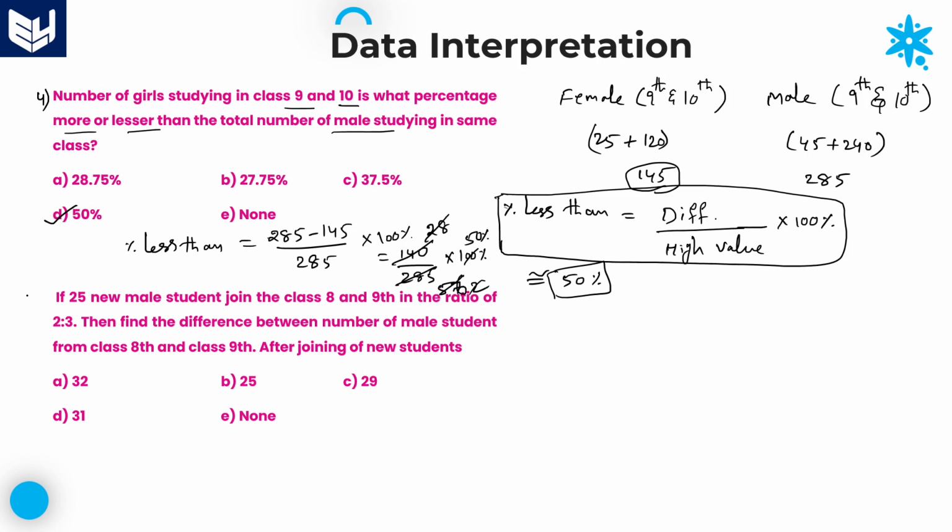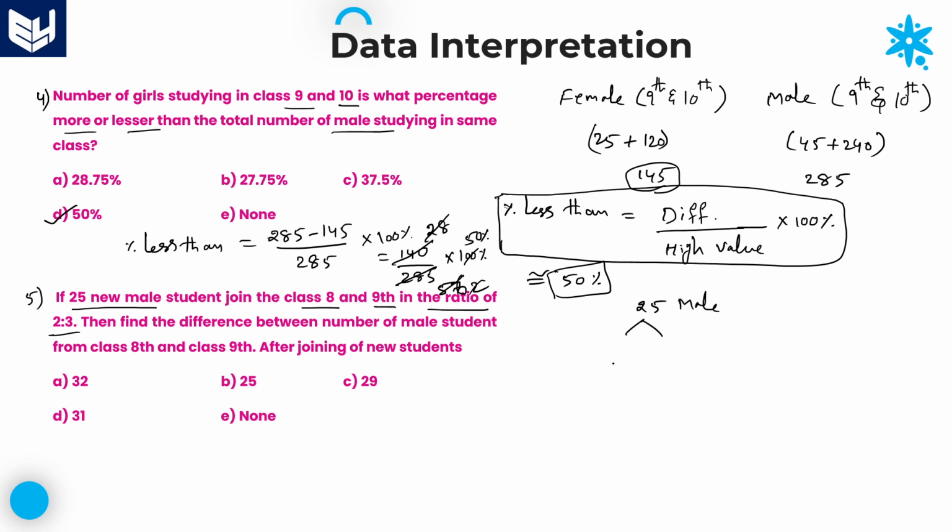Now look at the last question, that is the fifth one. If 25 new male students join class 8 and 9th in the ratio of 2:3. See, additionally 25 male students are joined in, here we are talking about male students.